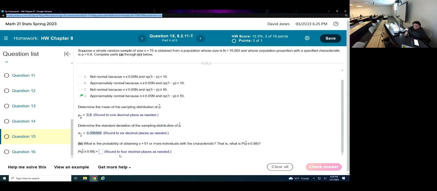All right, now it says, what is the probability of obtaining X equals 51 or more individuals with the characteristic? That is, what is the probability that P hat is greater than 0.68? So the 51 individuals is just giving me a proportion. They're telling me exactly what they want: P hat greater than or equal to 0.68.